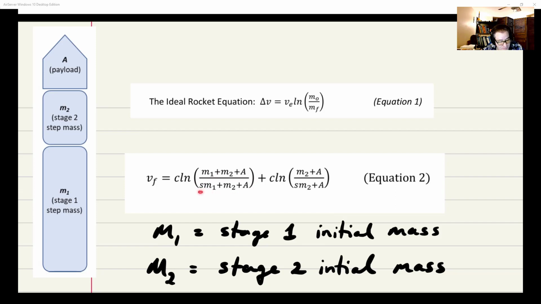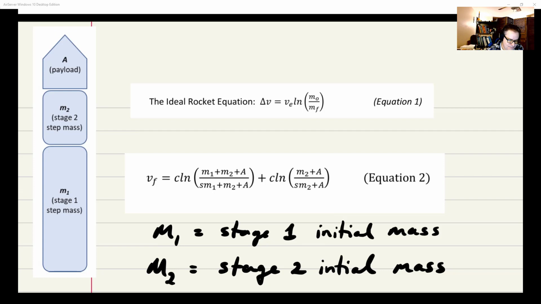So if, for example, it was 0.1, then you would have 10% of that initial stage 1 mass remaining after the fuel was burned. And you would still have all of stage 2 and all of the payload as still the mass of the rocket, because it's only stage 1 that's burning its fuel during the first stage burn. This is the delta V that we would get.